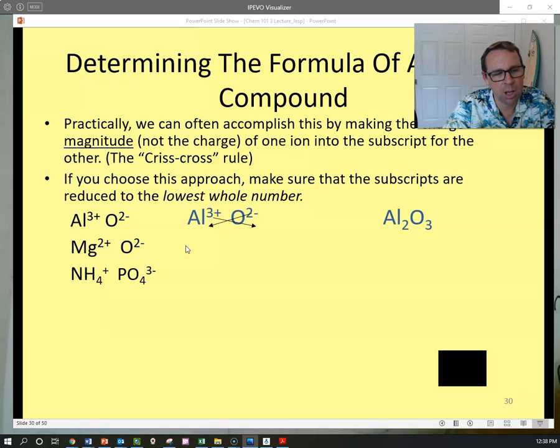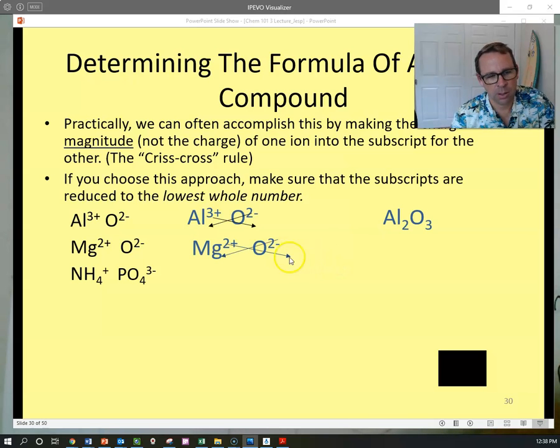But what's the ratio? Okay, so I guess it'd be Mg2 and O2. Will we still write it like that? No. I think this is what you meant when you said no charge. You meant just a 1-to-1 ratio. That's right. So that's good.